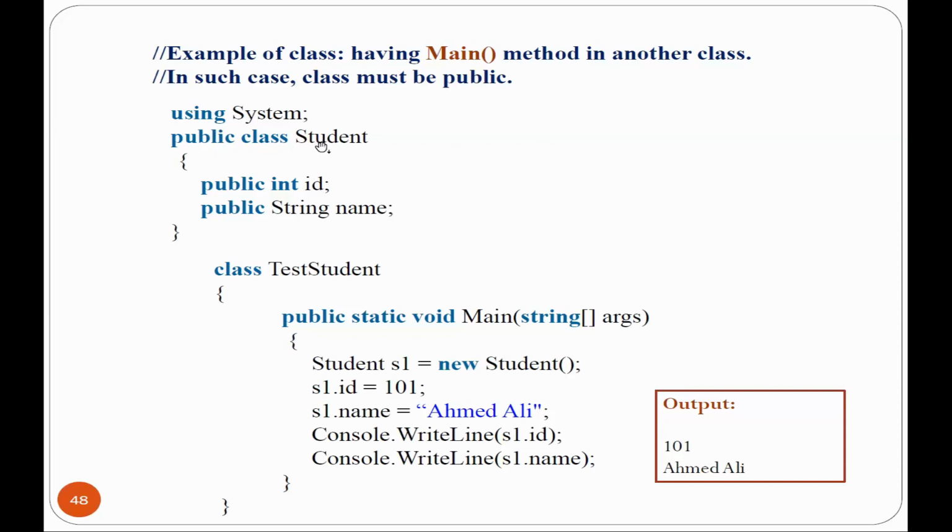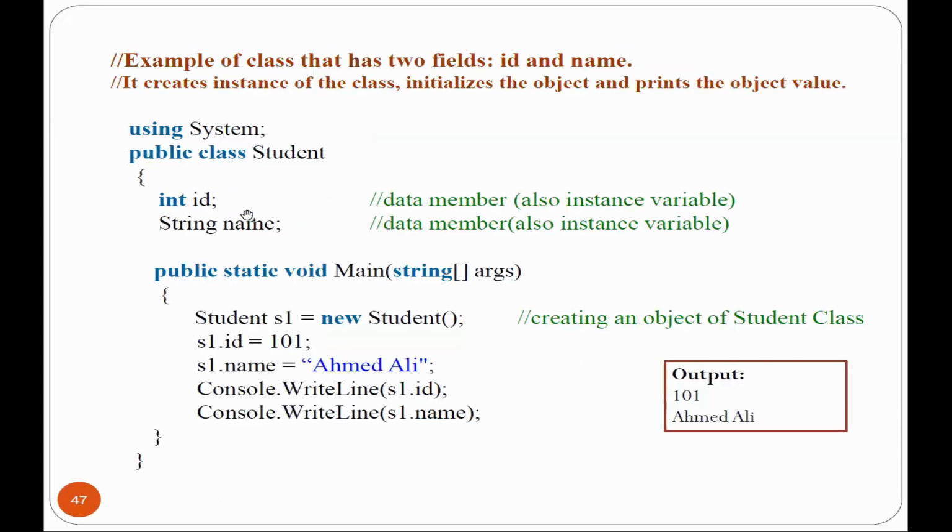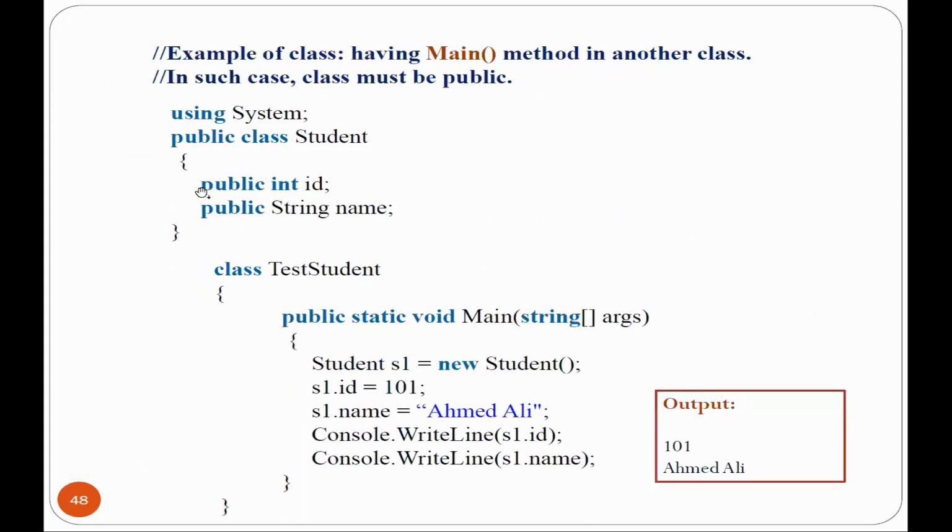In the student class, we have the same data members we created in the last class, but we have made them public because we can only access the public members outside the class. In the last class it was private, here it is public.